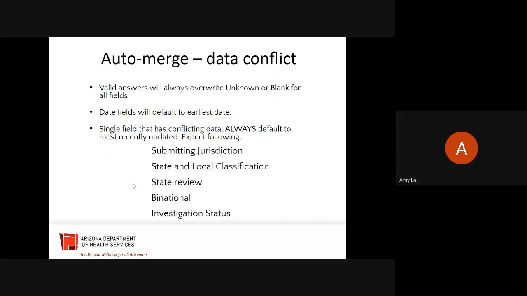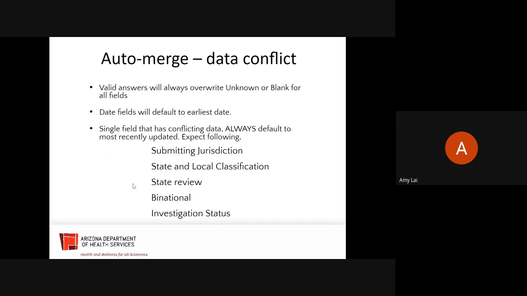And the by national field will always take Mexico or Canada, Trump, unknown, Trump, blank. If the conflict is Mexico and Canada, then it will take the most recently updated information.